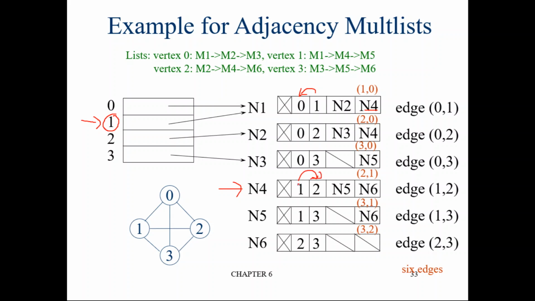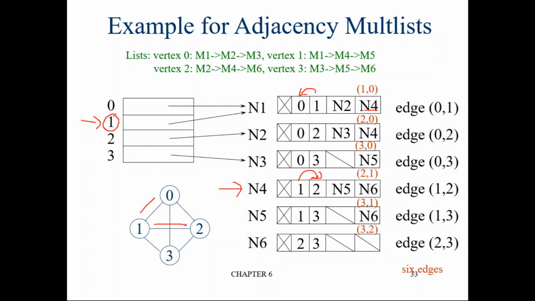Now what is the source? This is the source. 1 to 2. If it is 1 to 2, you have to take this pointer. Only for 2 to 1, you have to take this pointer. Your source is 1, so it is 1 to 2. So take n5. Here we have done 1 to 0, and here we have done 1 to 2.